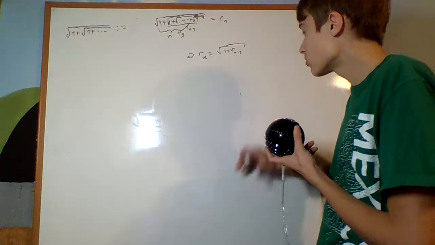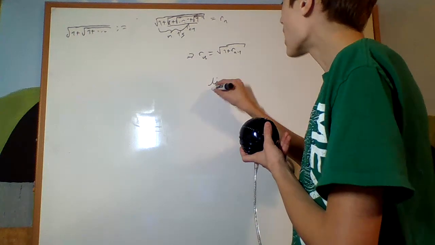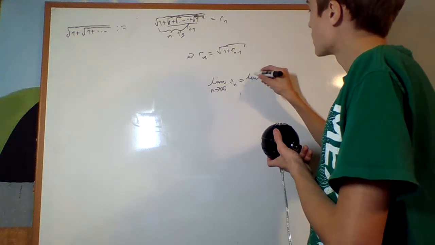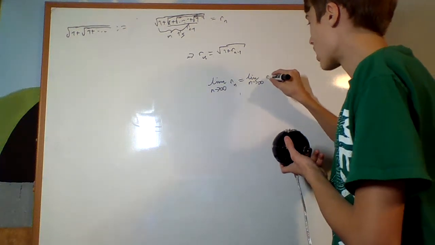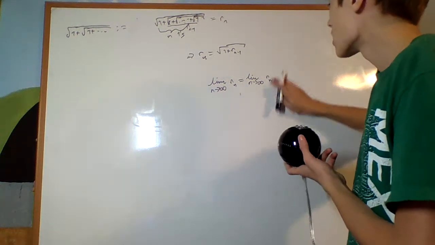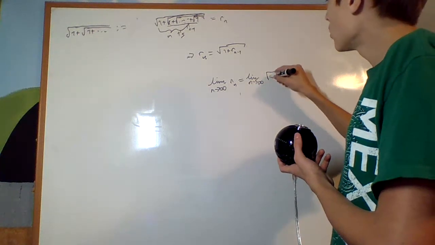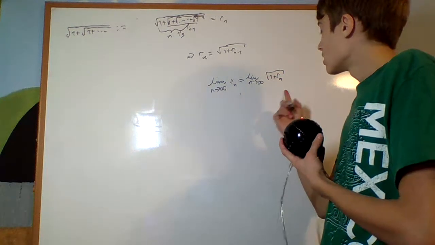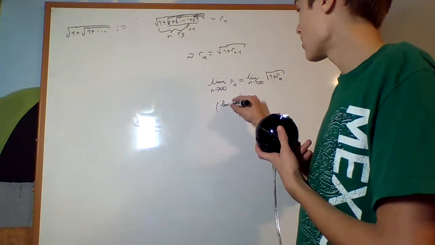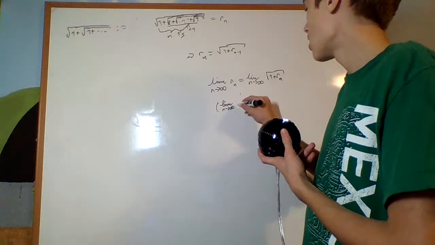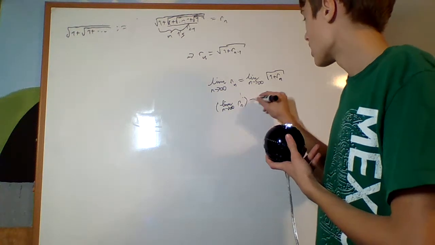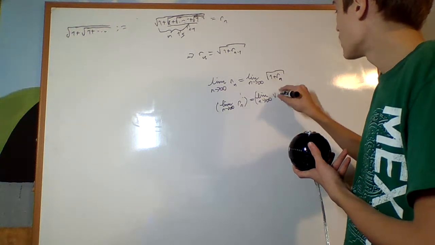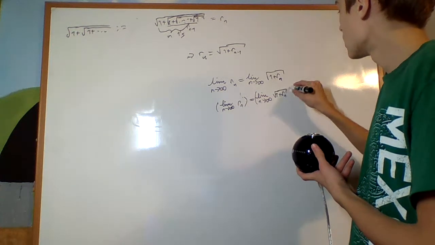Okay, so this is going to be useful because we can do the limit as n goes to infinity of Rn to be equal to the limit as n goes to infinity of Rn plus 1, but Rn plus 1 is just the square root of 1 plus Rn, right? And then we can square both sides of this, right? The limit n goes to infinity Rn equals the limit as n goes to infinity of the square root of 1 plus Rn squared.